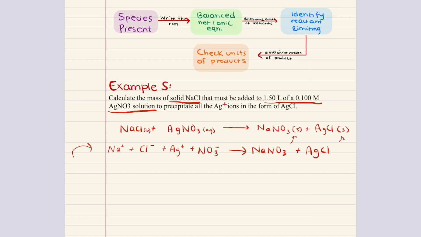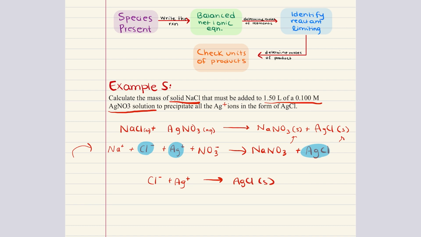And that means we're really focusing on the chloride, the silver, and the silver chloride part of our reaction. So we can just write the following net ionic equation for those species that we're focusing very heavily on. Chloride plus silver ions results in silver chloride solid.